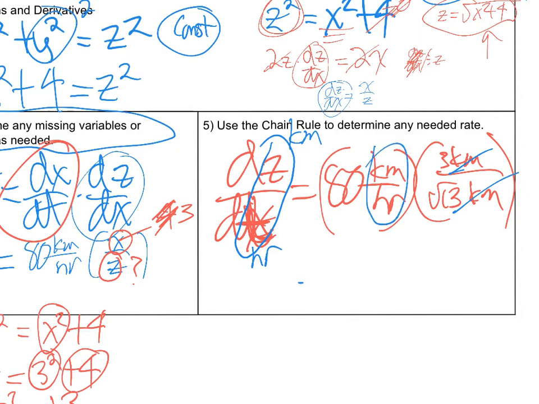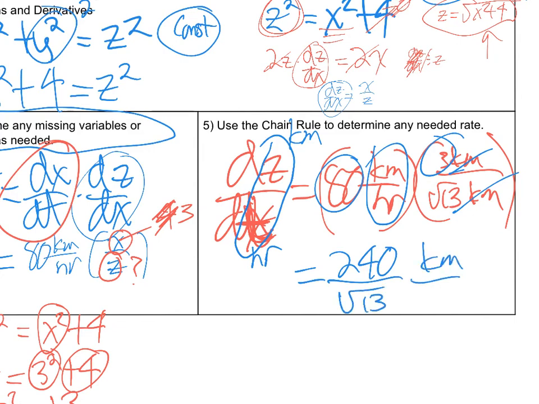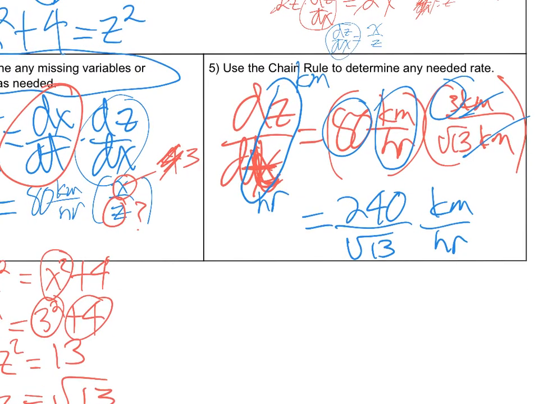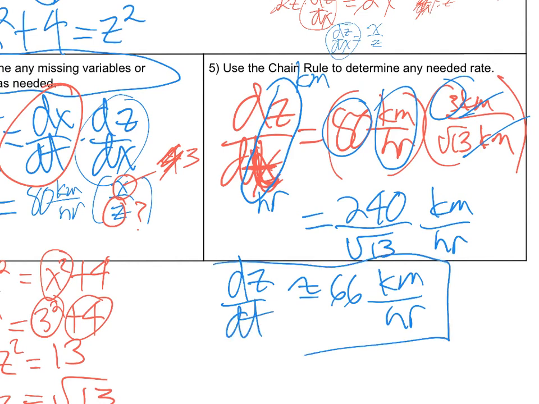Okay, so I can write this in exact form as 80 times 3, which is 240, divided by root 13 kilometers per hour, which I think simplifies to something like 66 kilometers per hour, but you'll have to double check that. And that, folks, is dz by dt. That's how quickly the distance is changing between the house and the car.